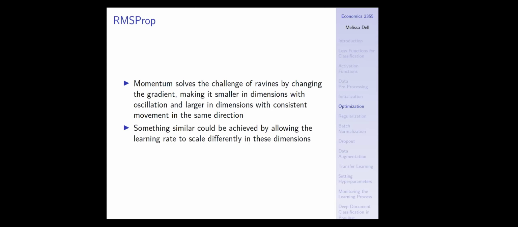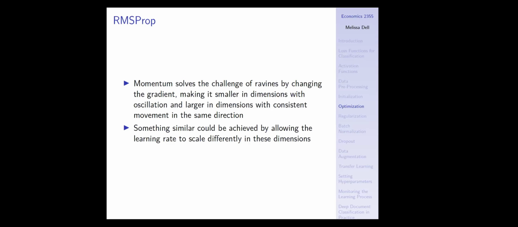You can choose to decay it over the course of training, but it applies in all dimensions. Regardless of the dimension you're moving in, you have the same learning rate. That's how it's defined. But if we had different learning rates in different dimensions, that would be essentially equivalent to using momentum to change the gradients, because the step that you move is just the learning rate times the gradient. Or in the case of SGD plus momentum, it's the learning rate times the momentum term. So this is also something that's done.